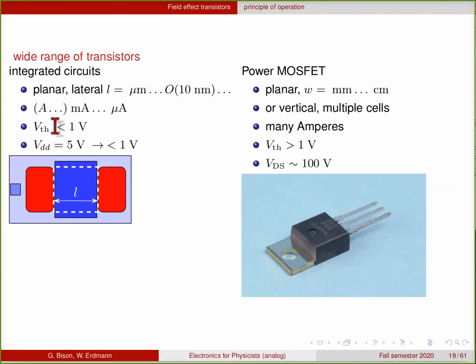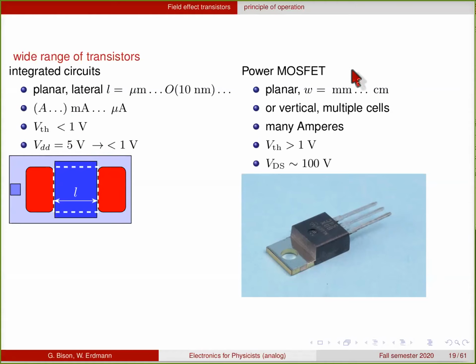The currents here are typically in the milliamp to microamp range, and the threshold voltages are in most cases less than a volt. So the supply voltages for these processes are also rather low, 5 volt for larger technologies, down to less than 1 volt in more modern technologies.